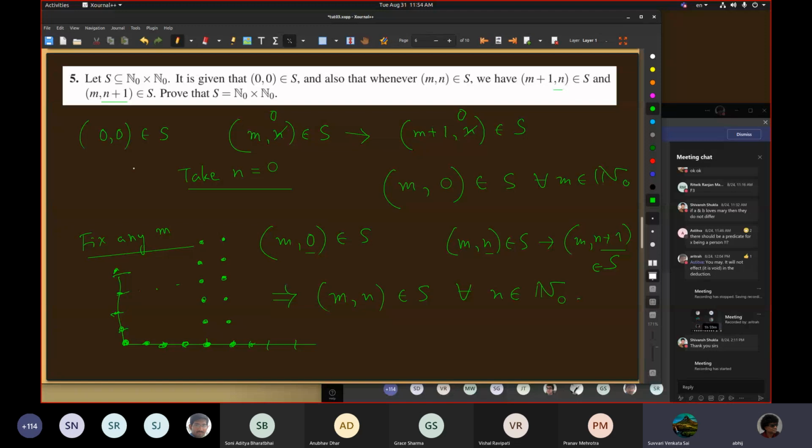In that case, you have to start with m equal to 0. Another possibility is that you can use well ordering. This is another way of proving it.